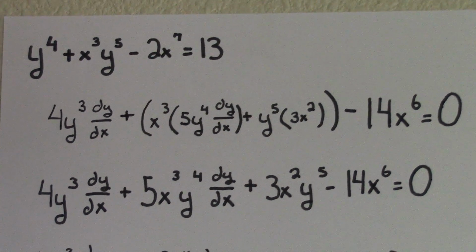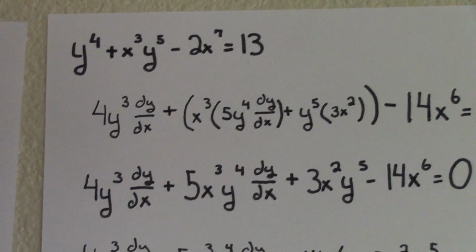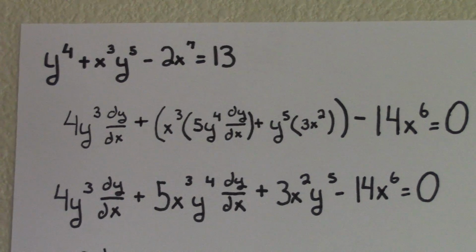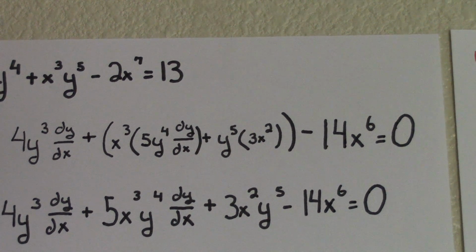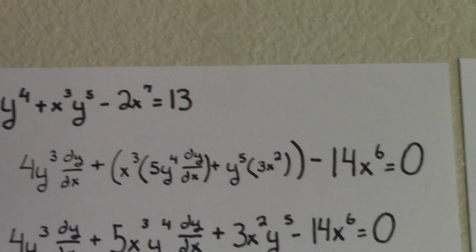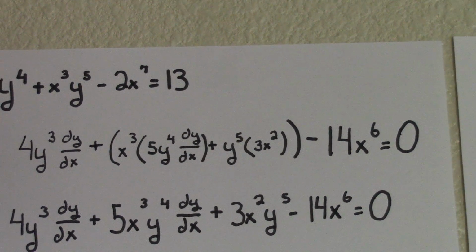So that is all one term as I have it written. And then the derivative of 2x to the 7th is 14x to the 6th, and that equals 0 because the derivative of a constant is 0.